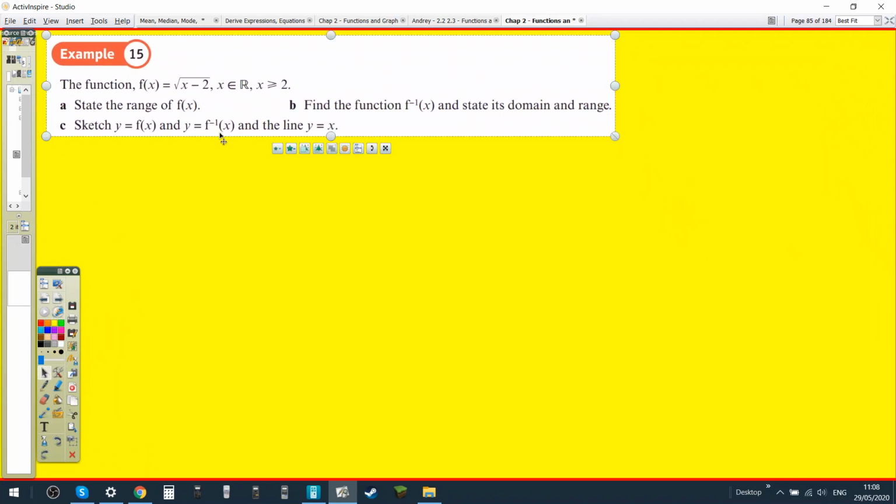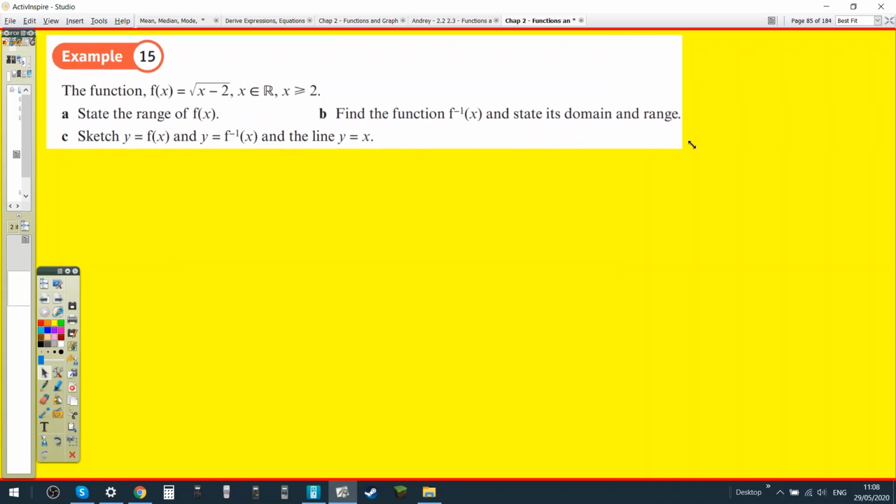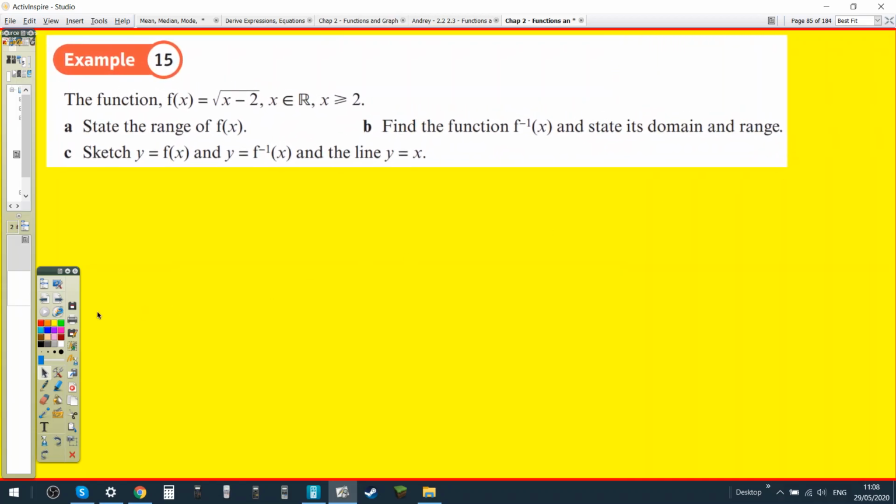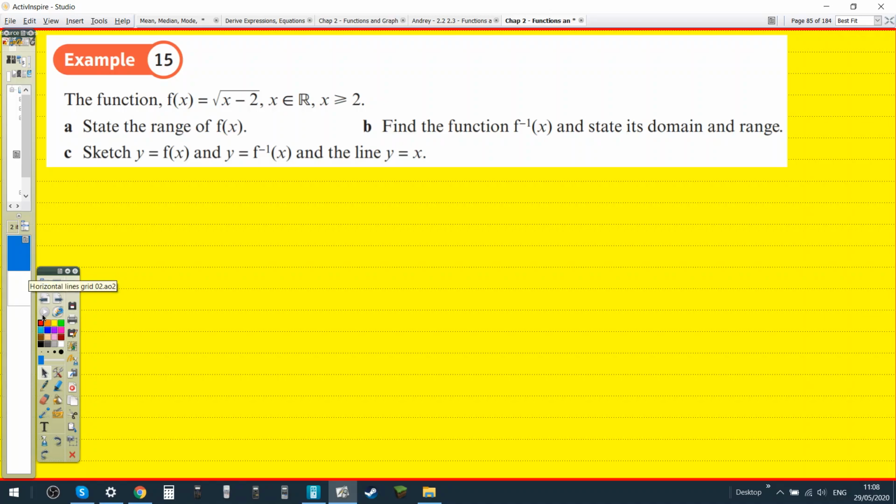Okay, what is part A? Was the range like the number of values subbing to get 0? Range is like possible y coordinates, possible outputs.